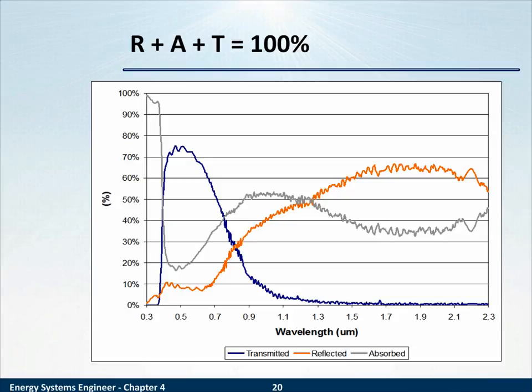Would it be different? Would the net effect be different if that 74% difference was reflected back outside or absorbed by the glass? Of course it would be different for two reasons. One is, if it's absorbed, some of it will re-radiate into the room.